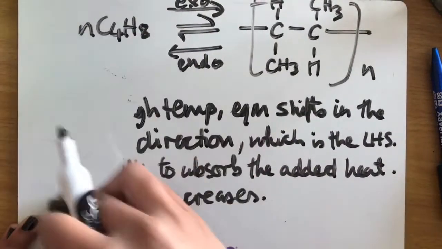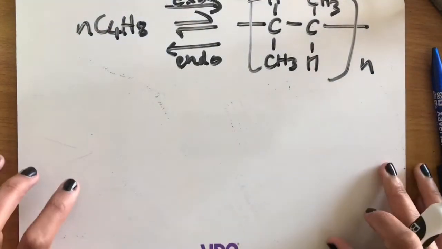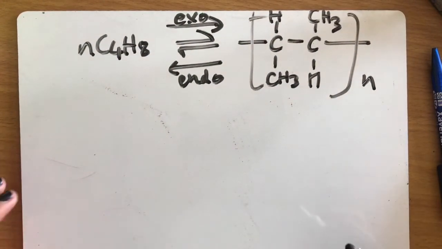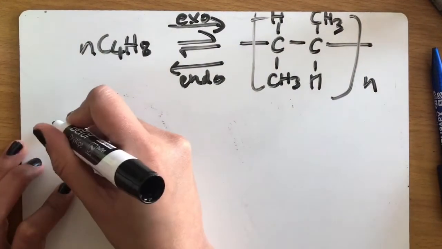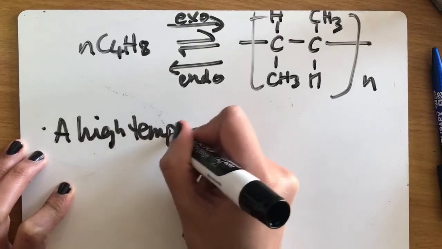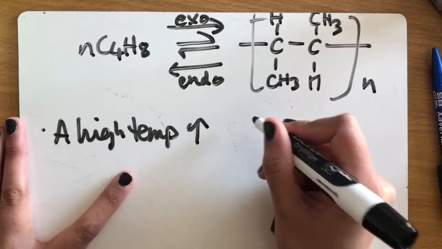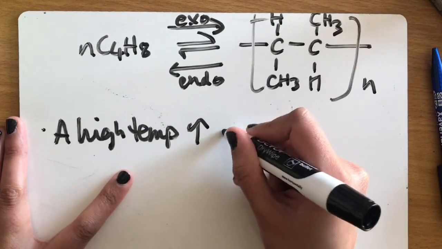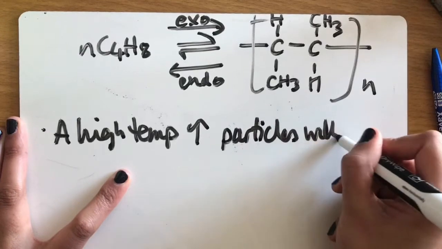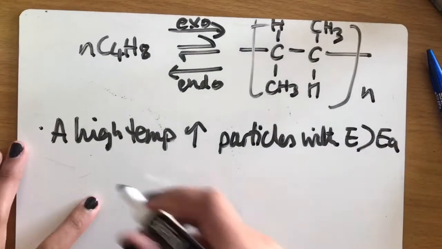But it then asks you to look at the rate of reaction as well. So the reason why we have to reach a compromise, even though a high temperature leads to a low yield, is that a high temperature increases the number of particles with energy greater than or equal to the activation energy.